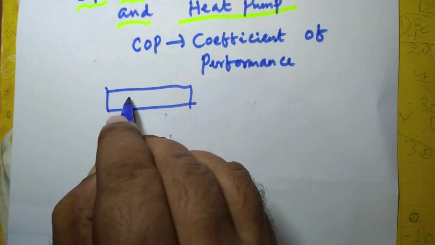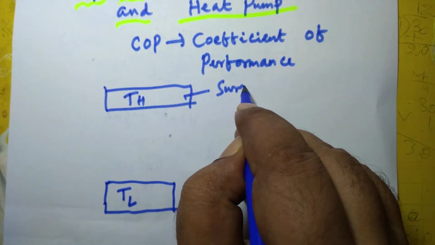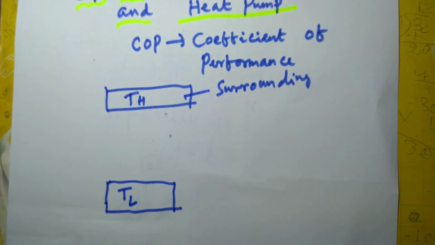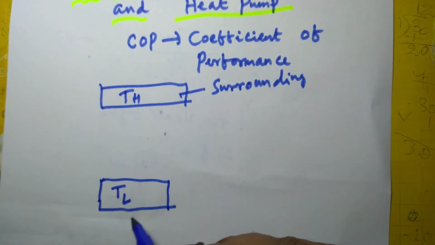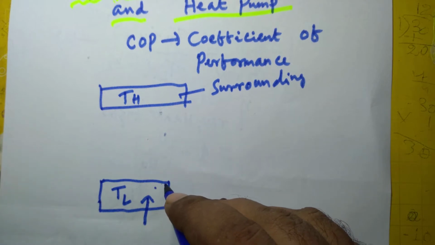Suppose this is your TH, the surrounding. The basic definition of a refrigerator is that it maintains the temperature of a space or body at a level lower than the temperature of the surrounding, because if the temperature of a space or body is less than the temperature of the surrounding, obviously heat will flow from the surrounding, so heat will always leak into the space or body, no matter whatever insulation you put in.